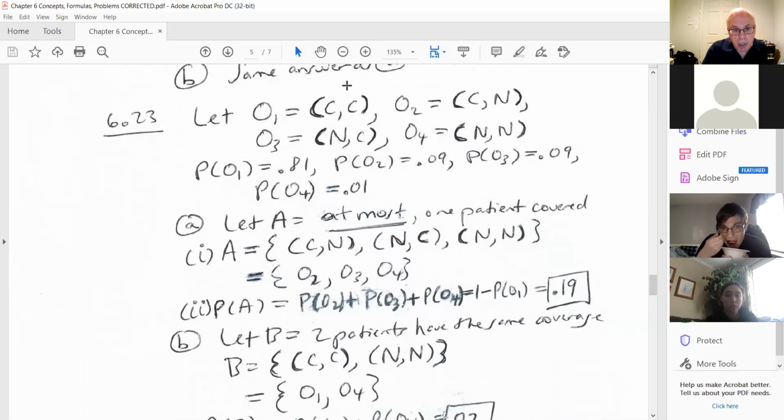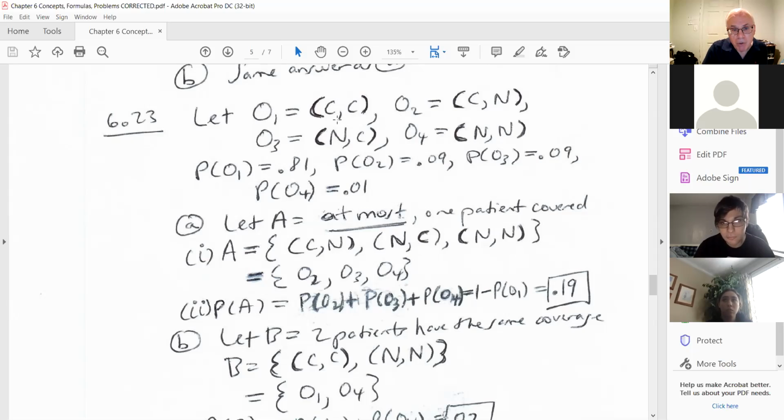So we're excluding O1. So O2, O3, and O4 fit this definition that at most one patient's covered. Now, the way I did it before, and I probably did it at 1 in the morning, and I wasn't thinking clearly, is I counted the number of cases here, there's 3 of them, and divided by the number of cases in the sample space, and I said the answer was 3/4.